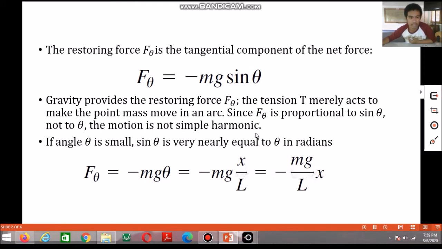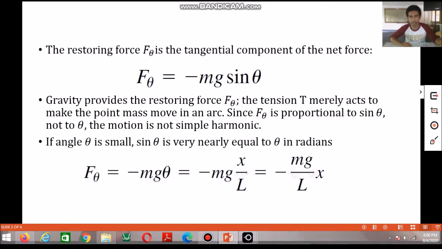motion. A simple pendulum is not simple harmonic motion since the restoring force is not proportional to its angular displacement, or its displacement. Rather, it is proportional to the sine of the angle. That's Hooke's law, right? The restoring force is proportional to the displacement of the object in simple harmonic motion.